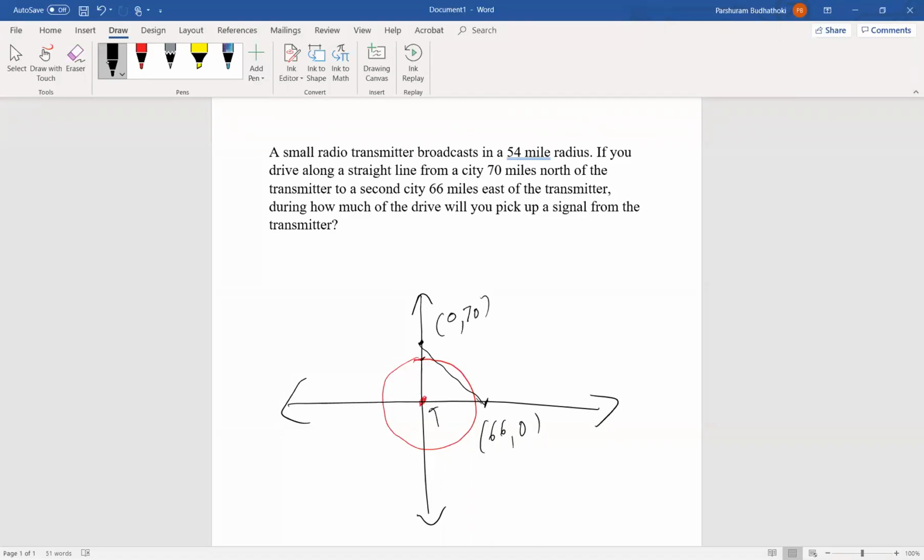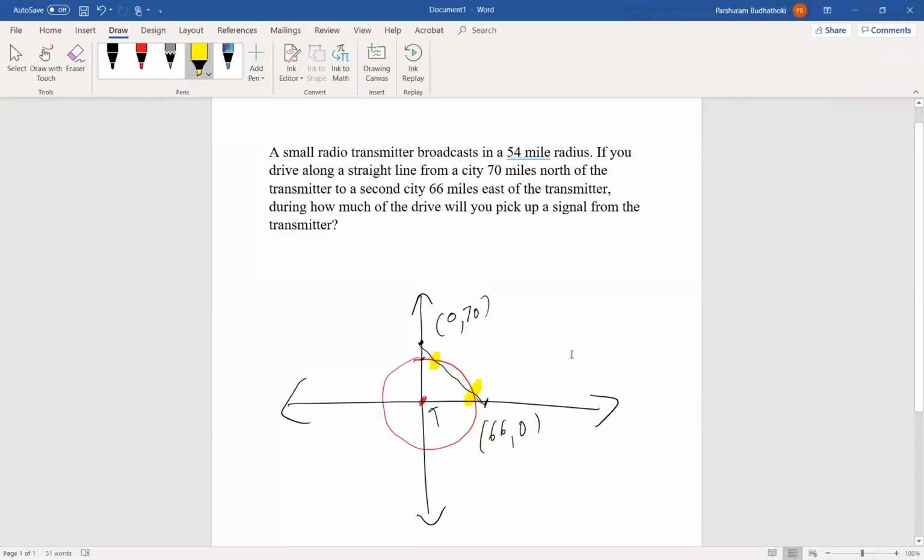You can see that from this point to this point you are inside this circle. So from this point to this point you can get the signal from this transmitter, because you will be inside this circle or on the circle.